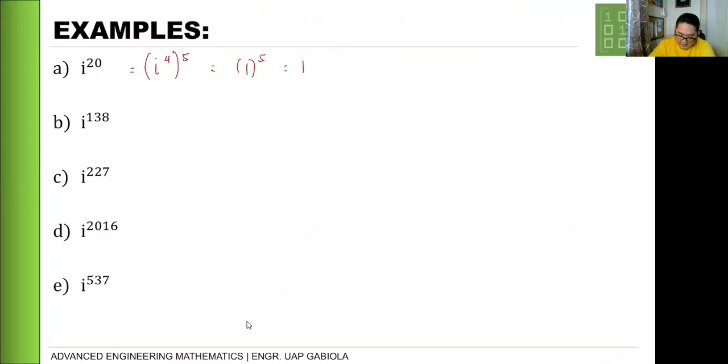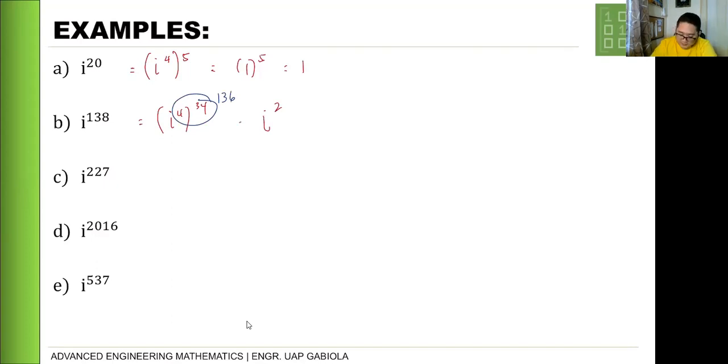Next, si i raised to 138. So anong factor pwede para maging siyang divisible by 4? So we can use i to the 4th. Pwede natin siyang i-raise sa 34, no? Kasi halimbawa 136 ang gamitin natin, divide natin by 4, divisible siya by 4, by 34, no? And then since 136 pa lang ang product nito, kailangan natin ng additional na i squared para maging 138.